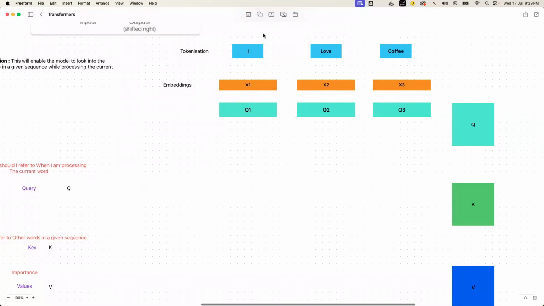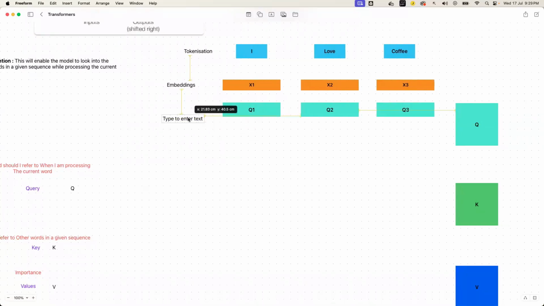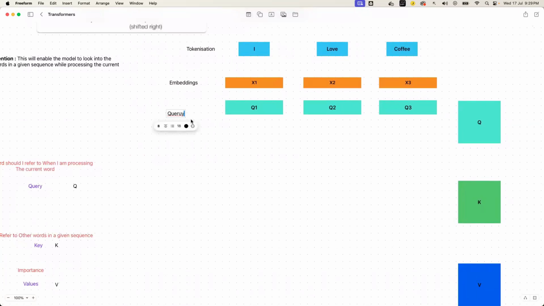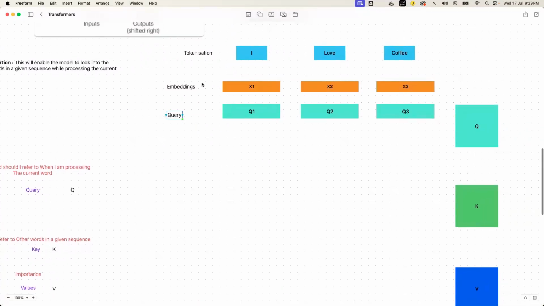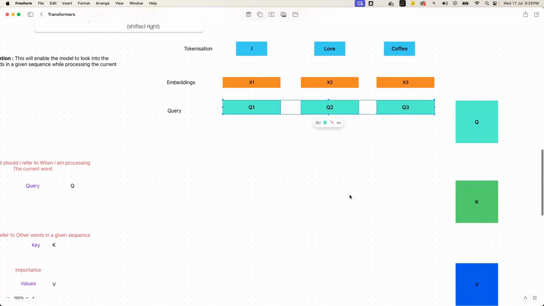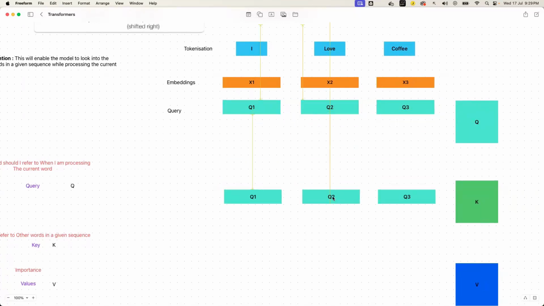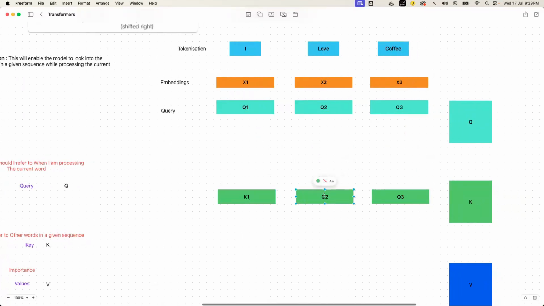So these are my queries. Then, in the same way, I'll multiply X1 with K, and I'll call these K1, K2, K3.